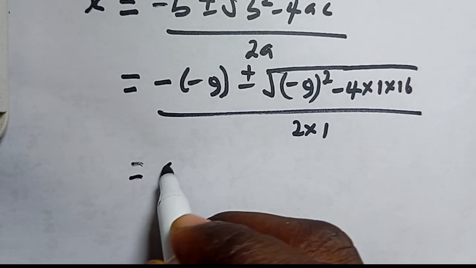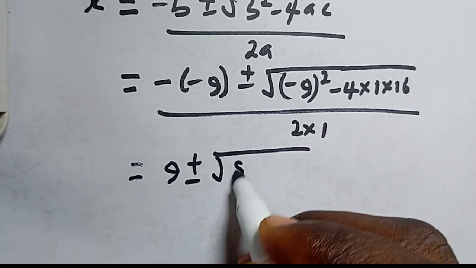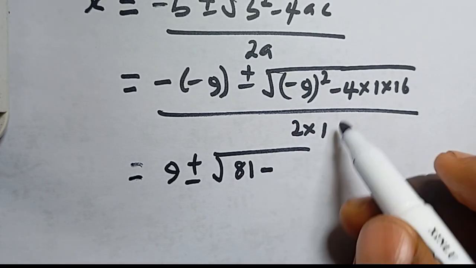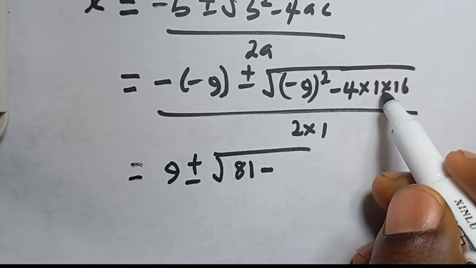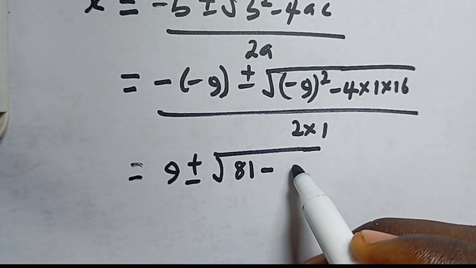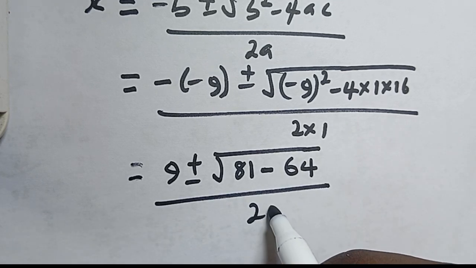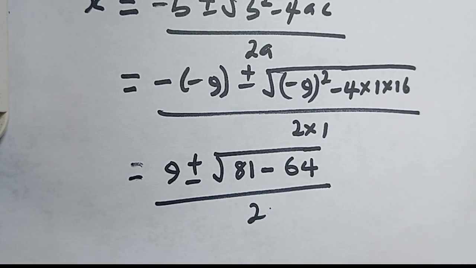So moving on, this is 9 plus or minus the square root of 81 minus 4 times 1 times 16, which will be equal to 64, all of this divided by 2 times 1, which is equal to 2.